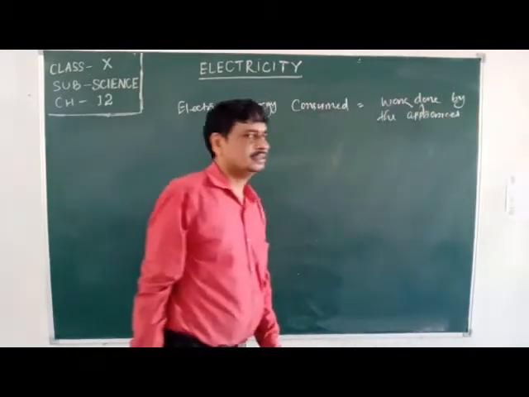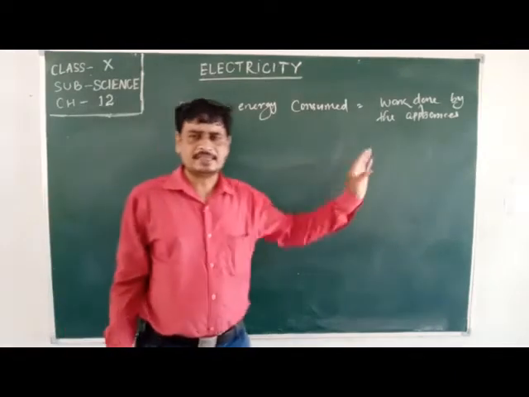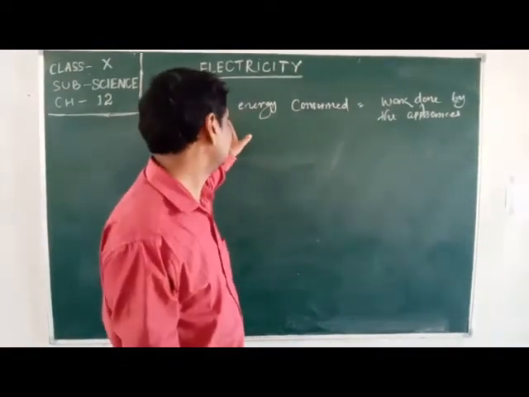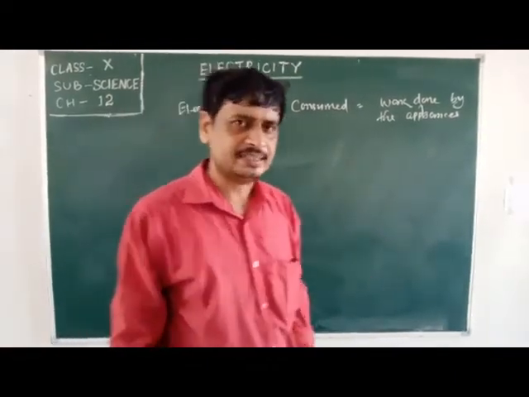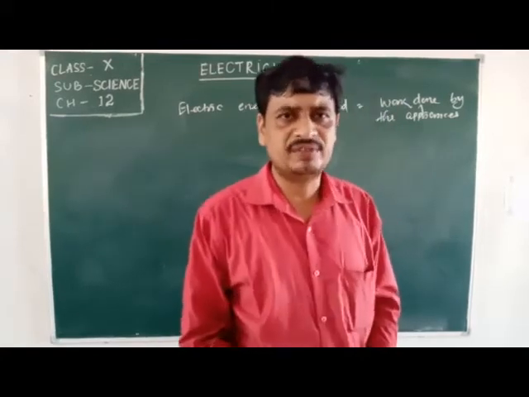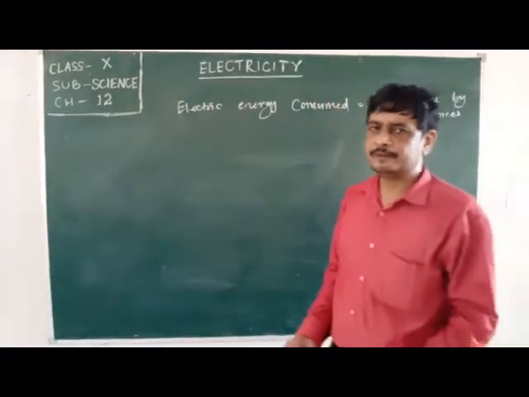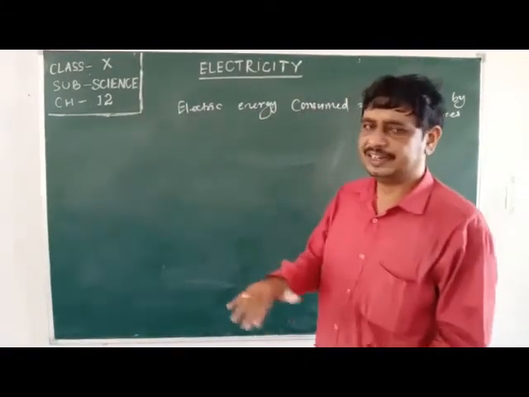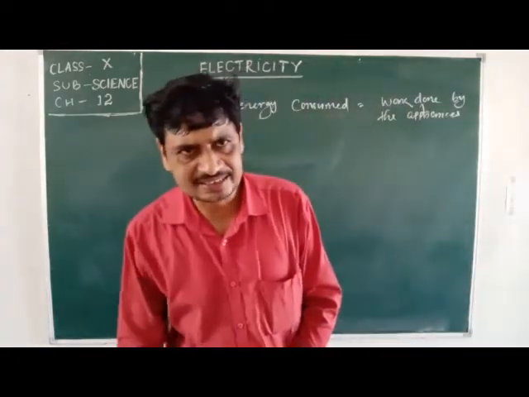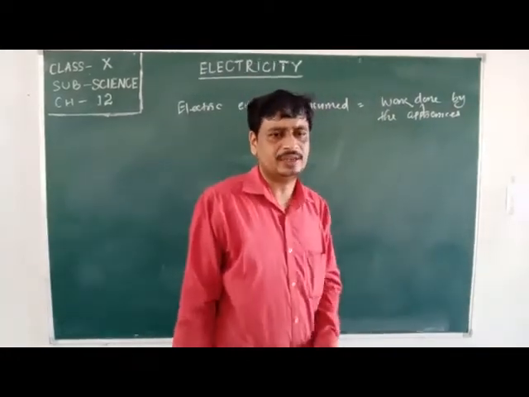How much work is done by the appliance depends upon the amount of electric energy consumed. If more electric energy is consumed, more work will be done. If we provide less electric energy to the appliance, then we get less work.